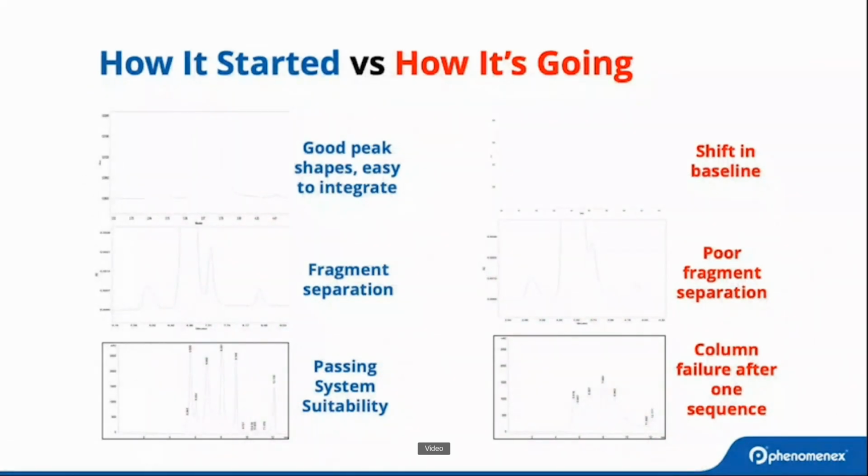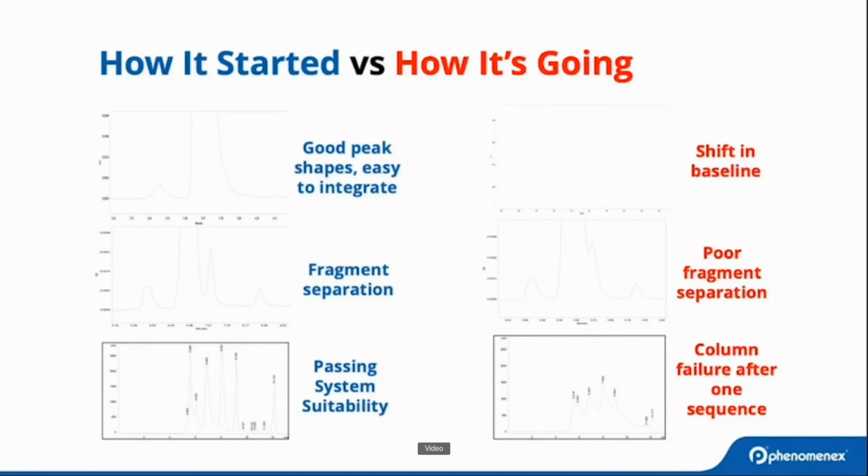However, this isn't always going to be true if the method, for example, needs to be transferred. It's commonly observed when transferring methods to see shifts in baseline, which causes issues in the integration of these aggregate or fragment peaks.